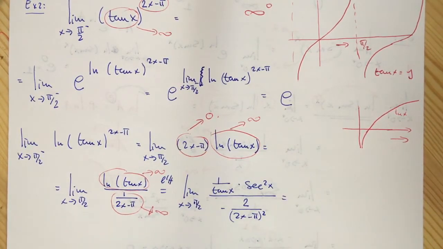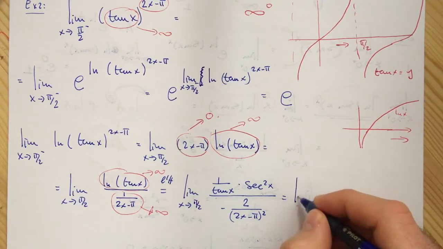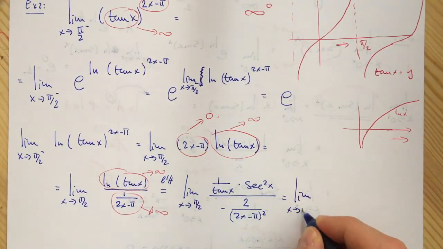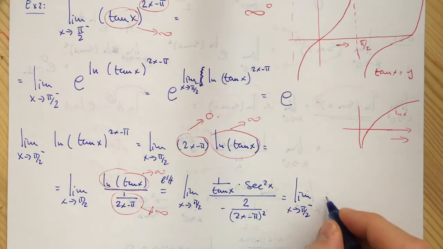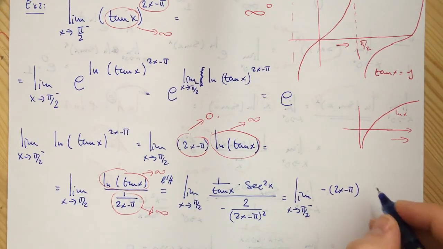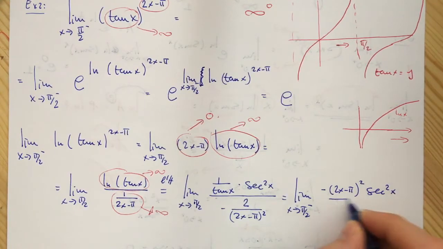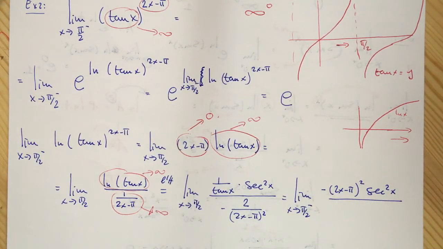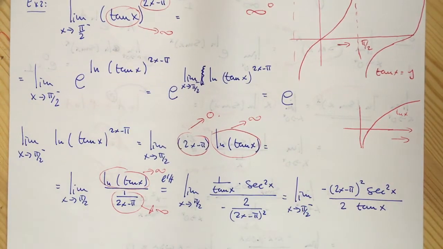Let's simplify this expression a little bit. This is the limit as x approaches pi over 2 from the left of negative 2x minus pi squared times secant squared of x over 2 times tangent of x.